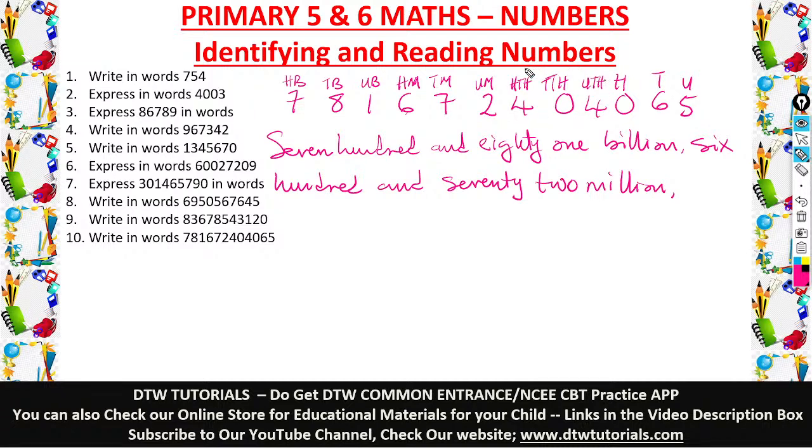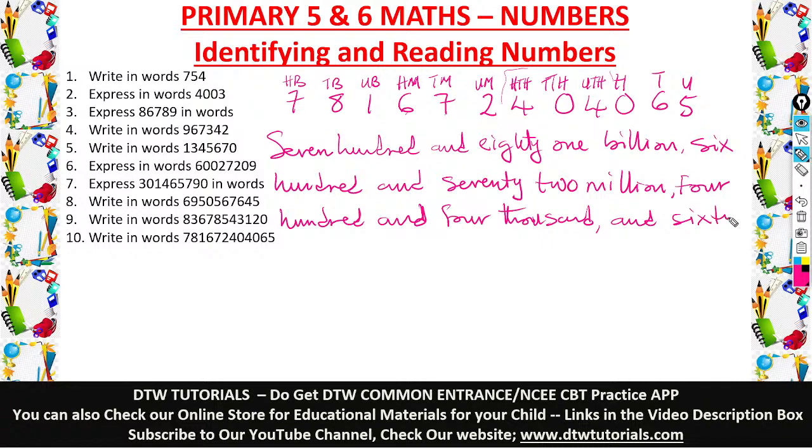Now we go to the thousands. You can see here we have 404,000. Finally, we come to the final tens here. You can see there's no value here, right? So we have 404,065. So you can see how we name this. Yes, this is quite lengthy, but this is how you break down your numbers.